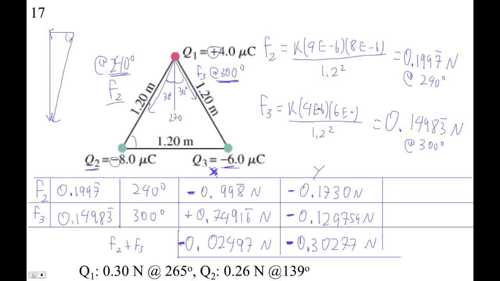Okay, this angle right here, the angle that's past 180 degrees, right, is going to be the inverse tan of 0.3027. That's this side, right? And then this side is 0.02497.